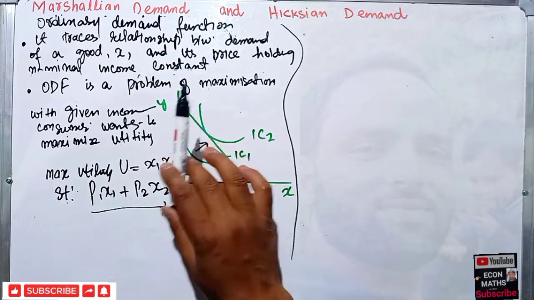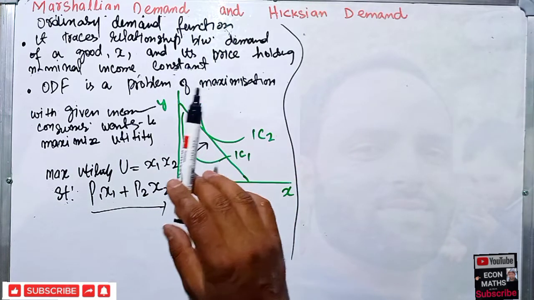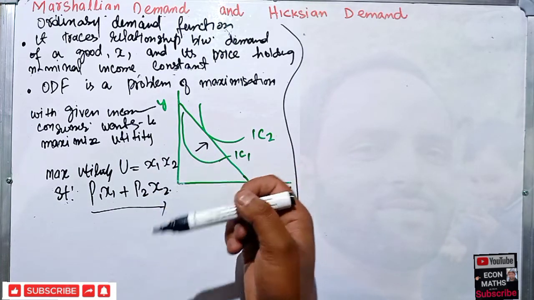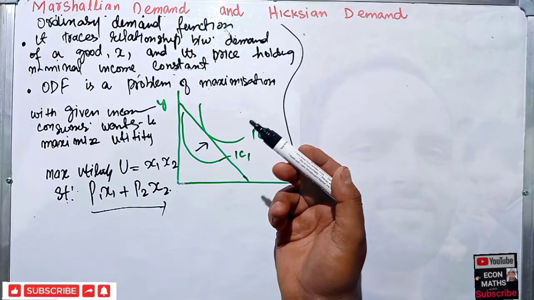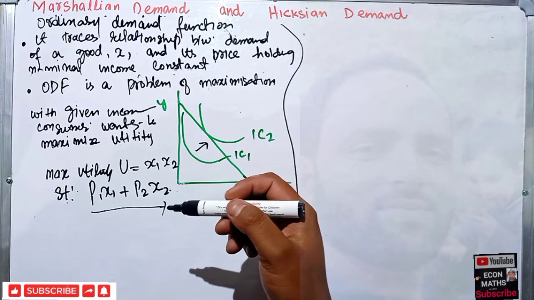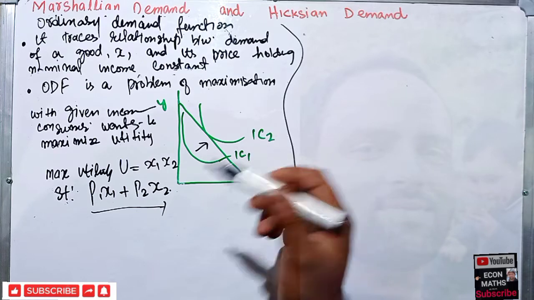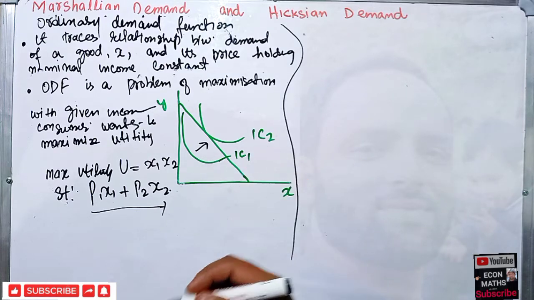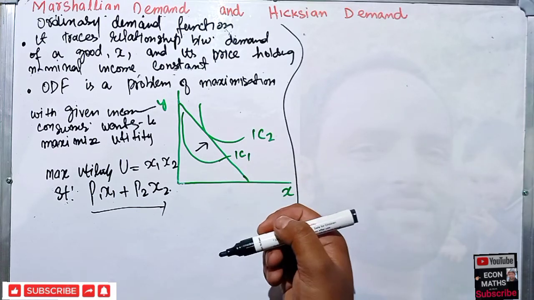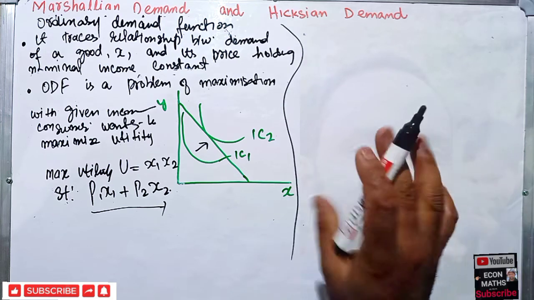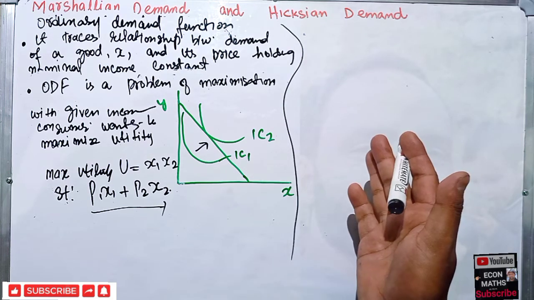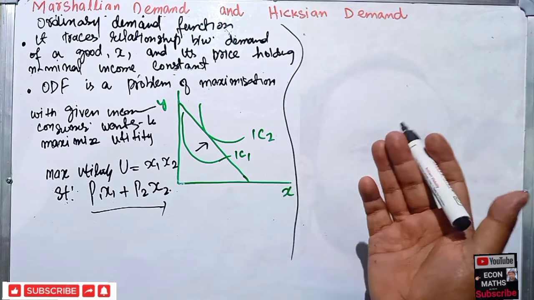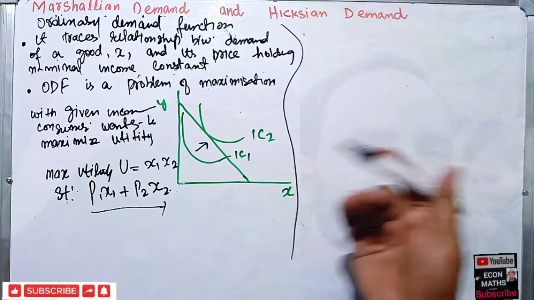So in case of the ordinary demand function, the ordinary demand function traces the relationship between demand of a good and its price holding nominal income constant. But the Hicksian demand function traces the relationship between the price of a good and quantity purchased, holding other prices and utility constant.